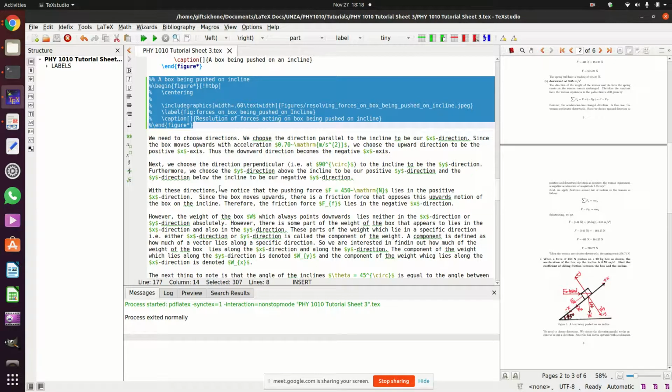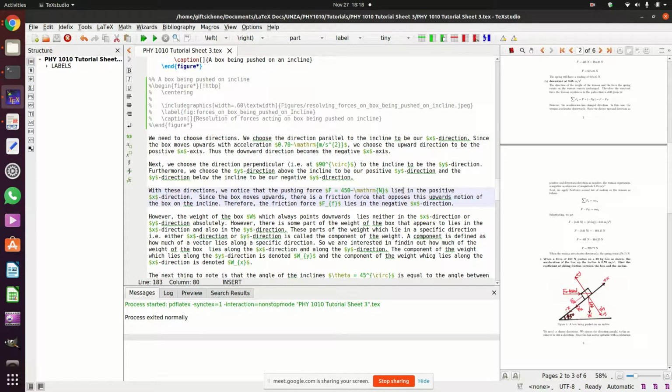So here, we notice that the pushing force, 450 newtons, lies neither in the x direction nor in the y direction.